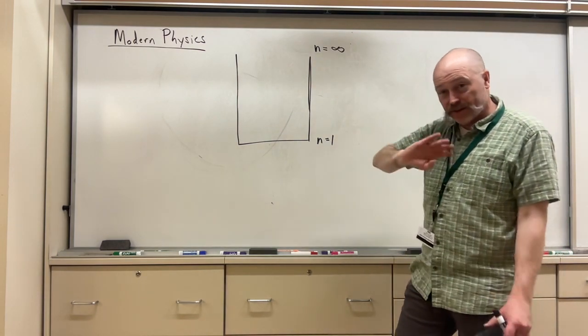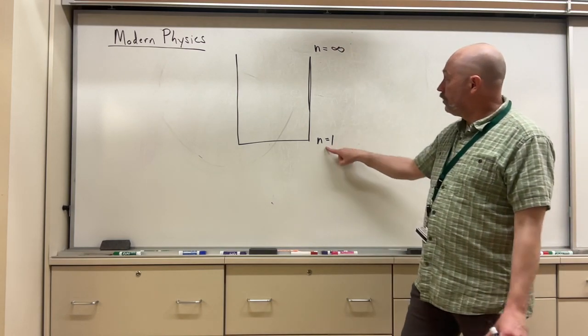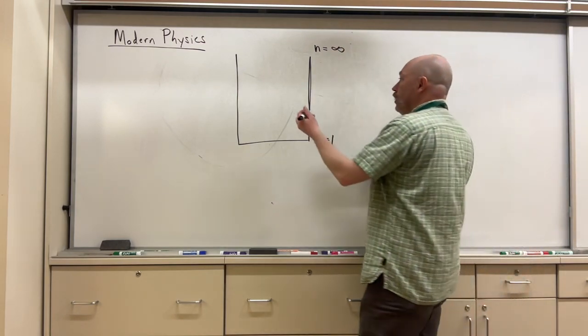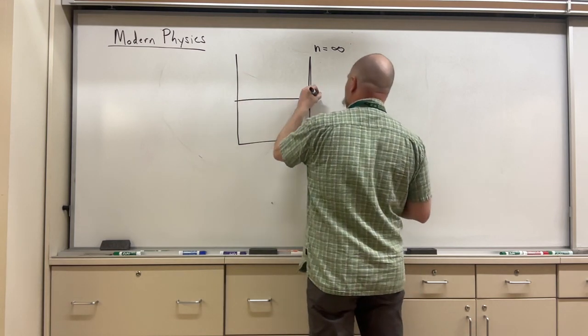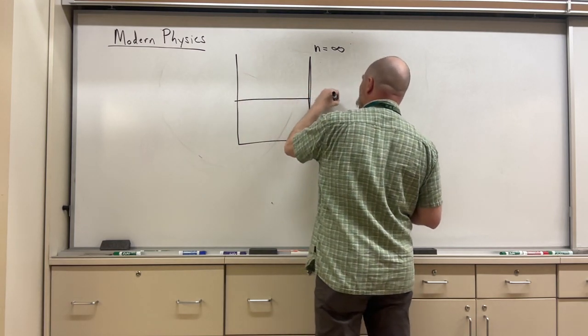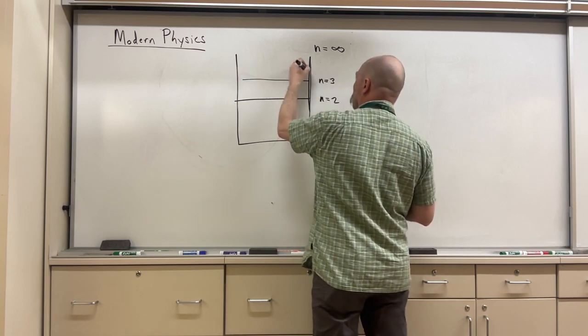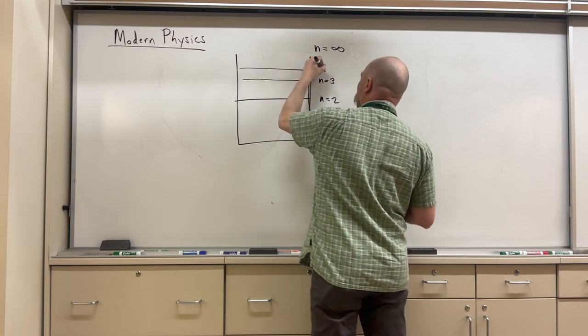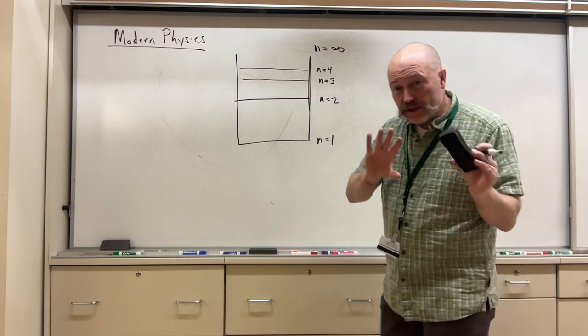It's gone off into space. Then you have these other energy levels in between: n equals 2, n equals 3, n equals 4, and so on.